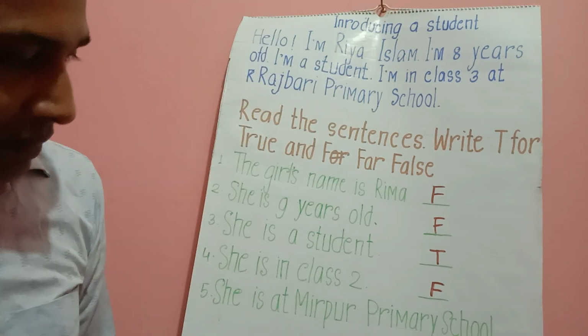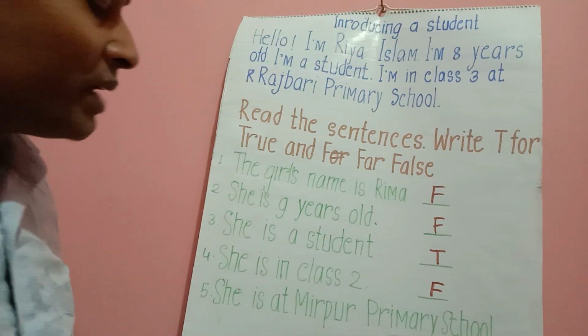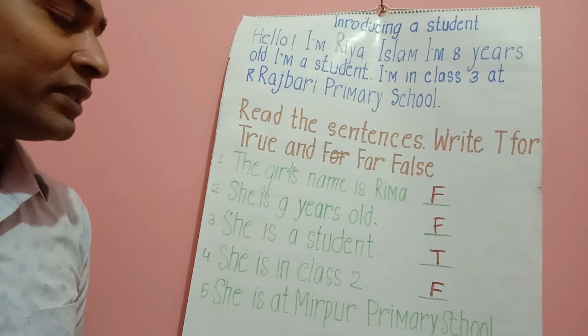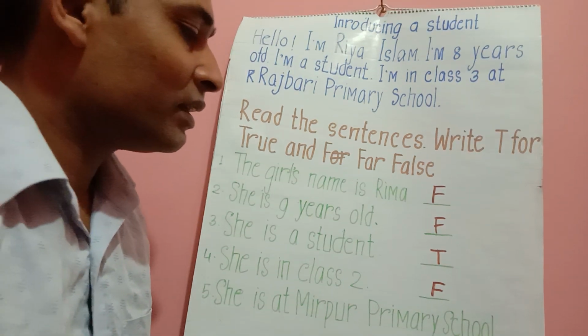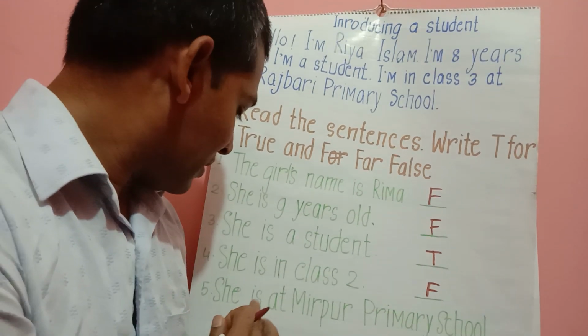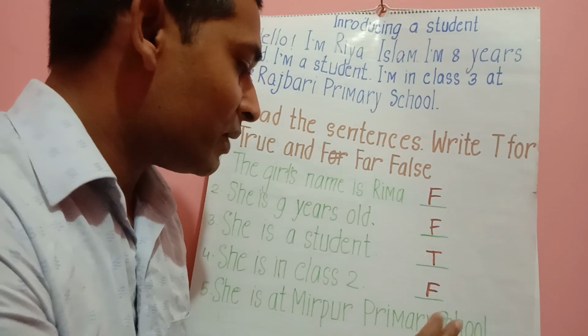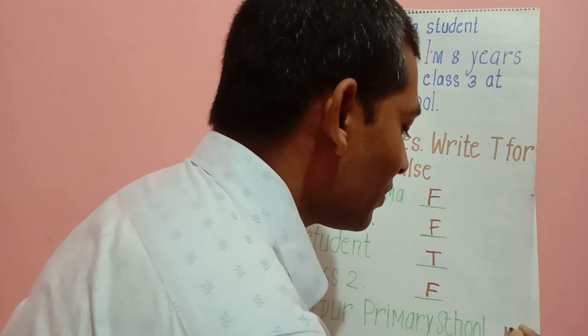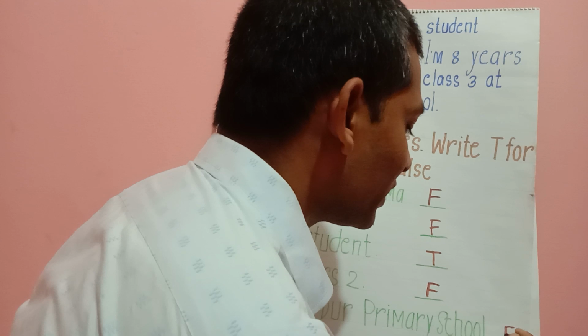There it is given Mirpur Primary School. That's why we have to write F. She is at Mirpur Primary School. This is false. F.